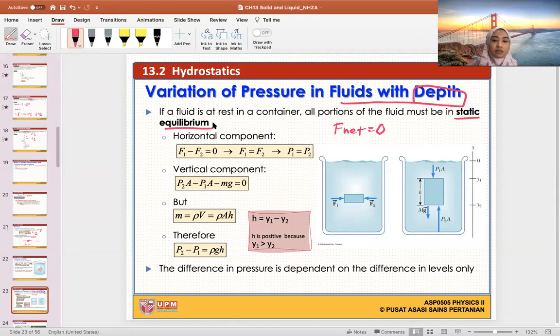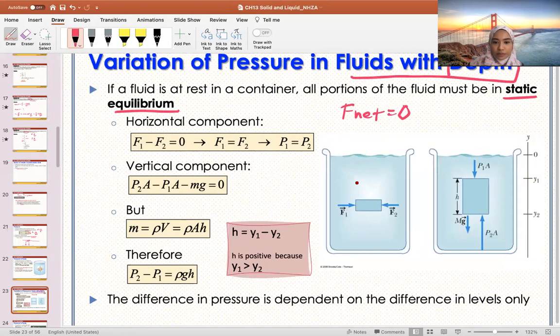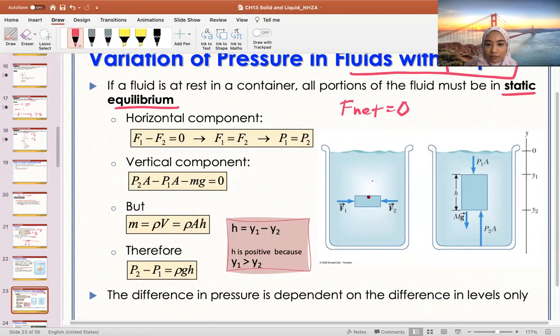F net is 0. Let's see this object over here. Let me besarkan. We have a box. This object inside the water. So I tell you that this box in the water is in static equilibrium. What does that mean?